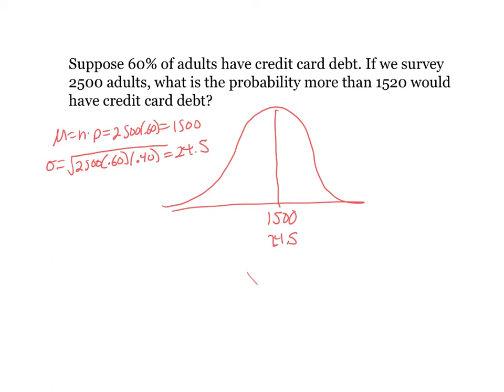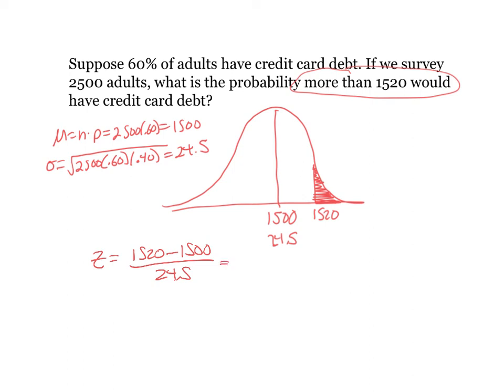Okay. So I have a mean of 1,500 and a standard deviation of 24.5. Now my question was, what's the probability that more than 1,520 would have credit card debt? So here's 1,520, and more than is over here. So now I can use a z-score. So I would say z is 1,520 minus 1,500 over 24.5. And I get a z-score of 0.82. Remember, we can round z-scores to 2 decimal places.